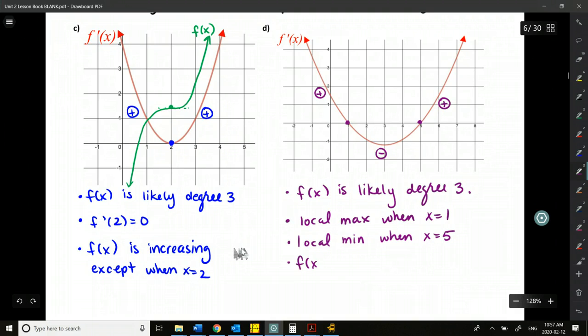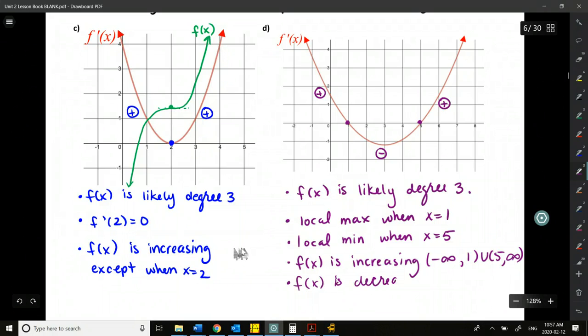Okay, and then we can also say f at x is increasing from negative infinity to 1, and also 5 to infinity. And f at x is decreasing in between those values, so from 1 to 5. It just means in union with, so it means like and.